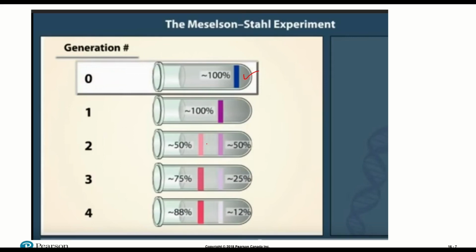And in the third one, the lighter one starts appearing, and 50% of them were intermediate. Later the amount of the lighter one will continue increasing, and if you continue to the fifth, sixth, seventh generation, the lighter one will keep increasing while the intermediate will reduce. Good.